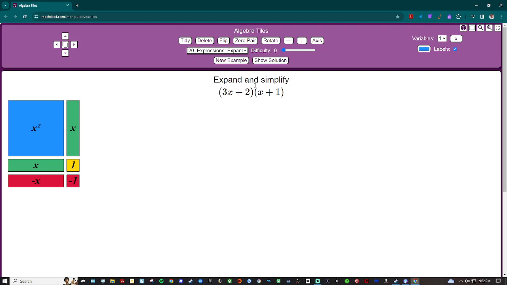So if we're going to first model our first polynomial, we're going to use vertical tiles. The second one we'll use horizontal. So 3x plus 2. So I need 3 x's, and I'm going to stack them on top of each other.